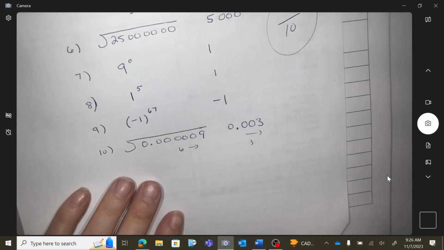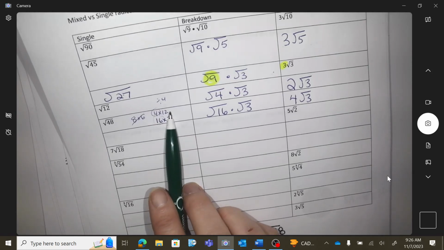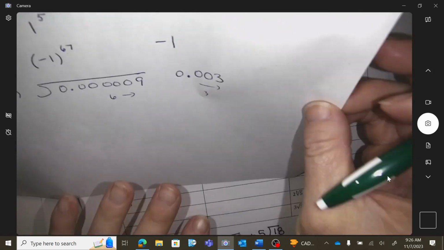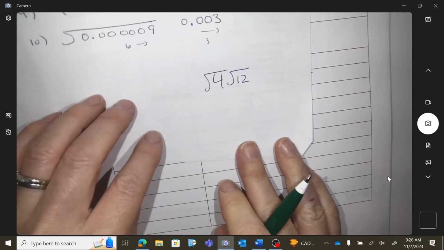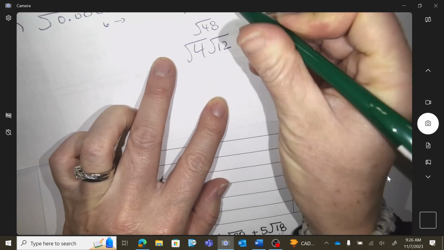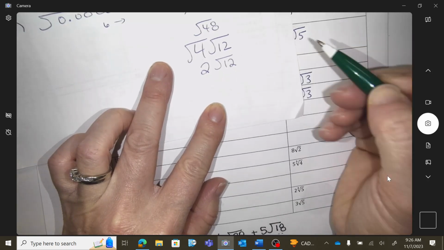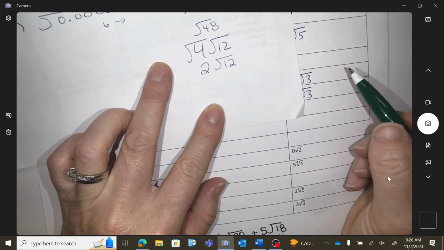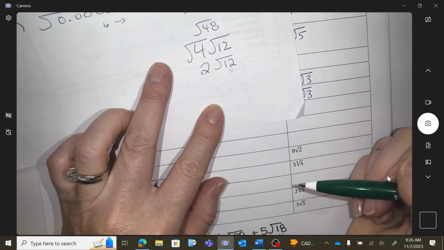Okay, so what if somebody didn't pick the biggest one and they picked 4 and 12? Here's what would have happened. If they picked that, then I would have got a 2 here and a root 12. But guess what 12 does? It breaks down.